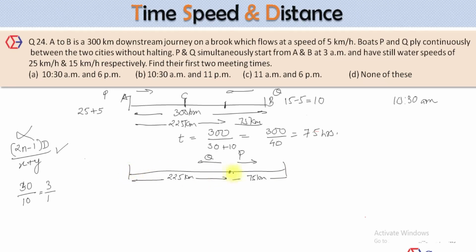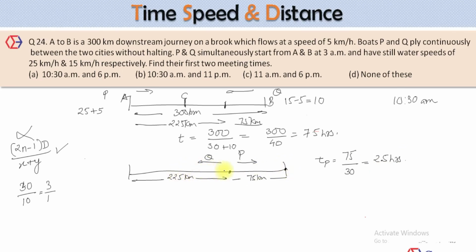How much time will P take to cover these 75 kilometers? Time taken by P will be 75 by the speed of P. That was how much? 30. So 75 by 30 will give you 2.5 hours. So after 2.5 hours, I can say that P will reach here, but Q will not reach here.